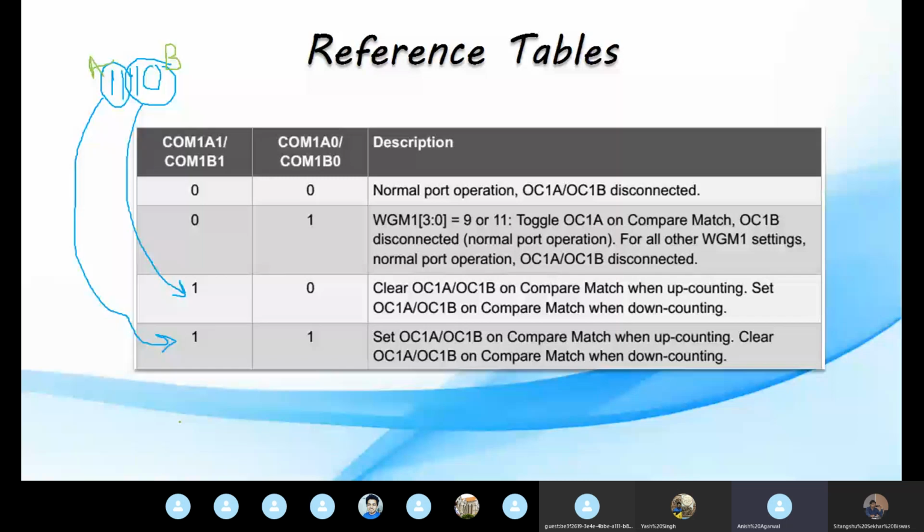So it is initially high. From 0 till it reaches the value that we have set, it will be high, and then as soon as it encounters the value, it will be low. It will reach the top value, back count till that value again, and then it will again become high. So these two waves are basically complementary of each other.